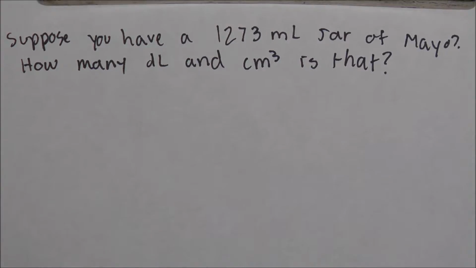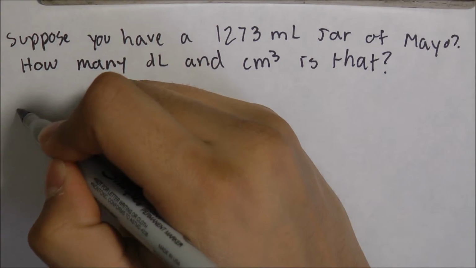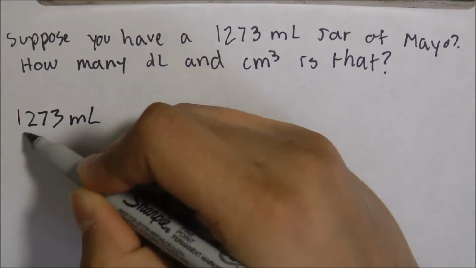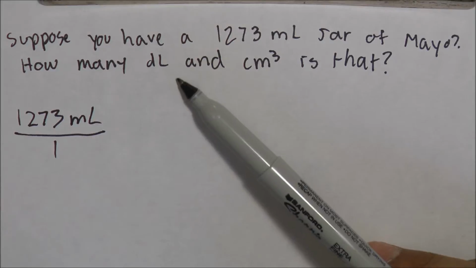Suppose you have a 1,273 milliliter jar of mayo. How many deciliters and cubic centimeters is that? Well, start out with writing 1,273 milliliters as a fraction: 1,273 milliliters over 1. So now you want to change it to deciliters.